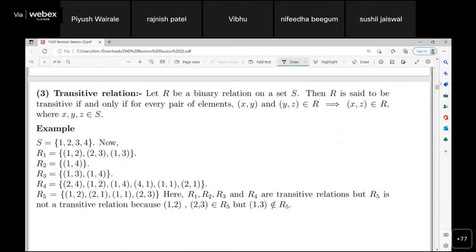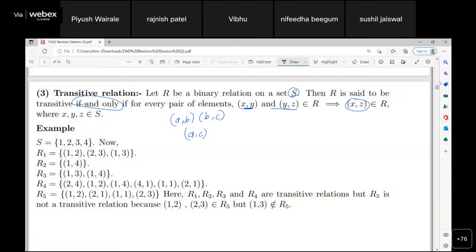Same thing, let R be a binary relation on set S, then R is said to be a transitive relation if and only if for every pair of elements x comma y and y comma z, there exists x comma z also, right? So for example, I have A comma B and B comma C in my set. Then there should exist A comma C in my set so that I can say this is a transitive relation.